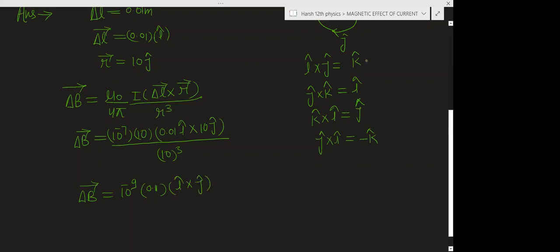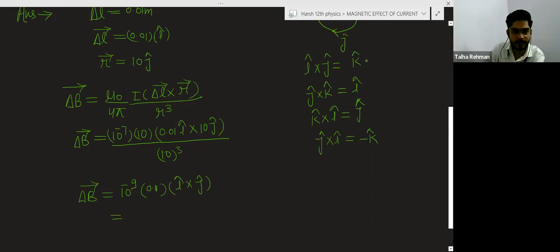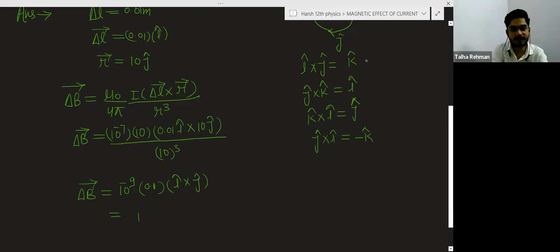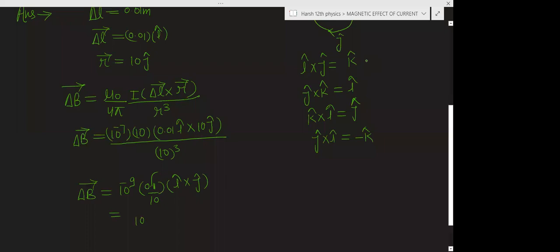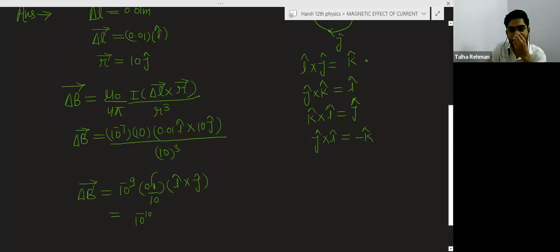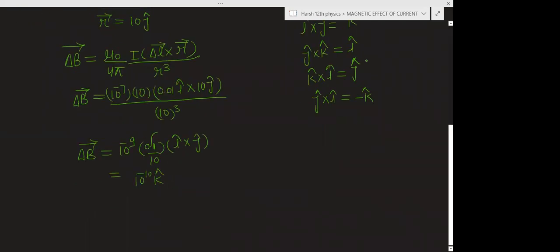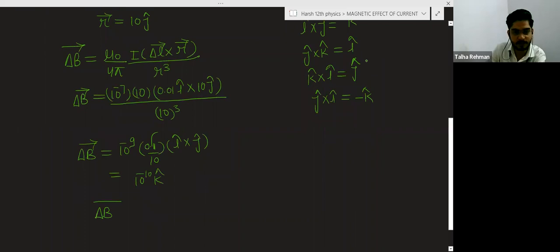That is K. Not 10 to the power minus 8, 10 to the power minus 10 you will have, because when you remove the point, this will become 10 to the power minus 10, and I cross J is equal to K cap. So you have got the direction as well as magnitude with the help of this formula: 10 to the power minus 10 K cap.